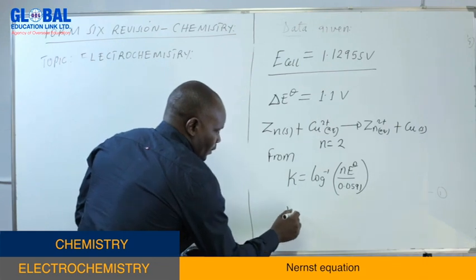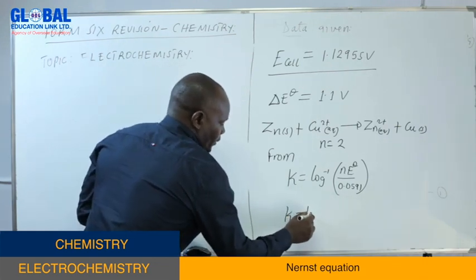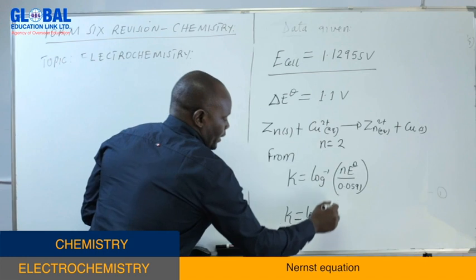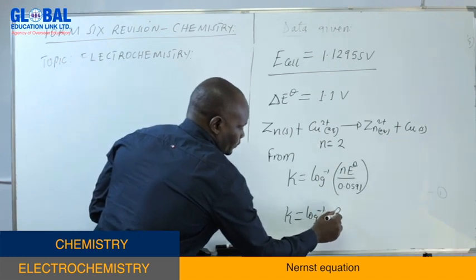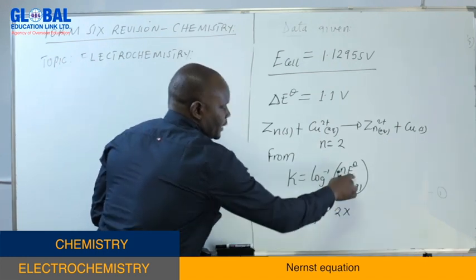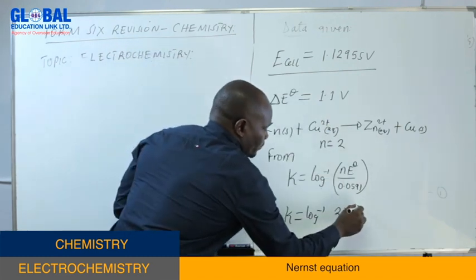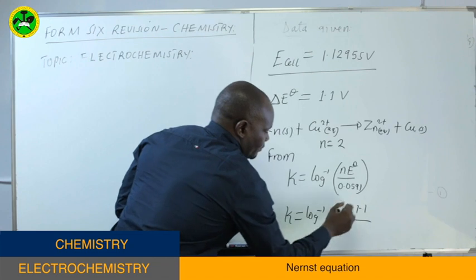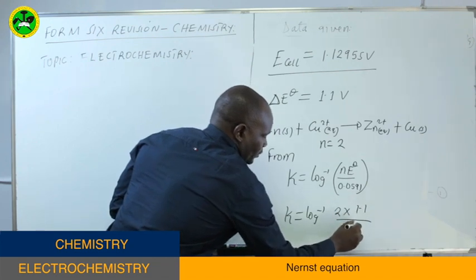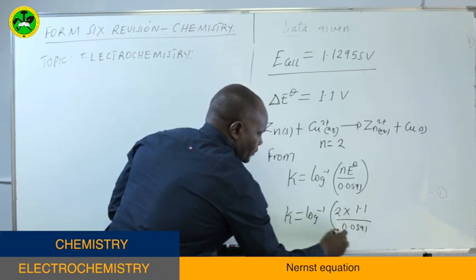So K here will be equal to the log inverse of n, which is 2, times the standard electrode potential of the cell, which is 1.1, then divided by 0.0591.